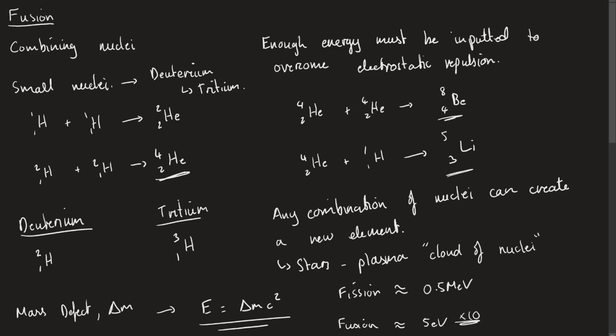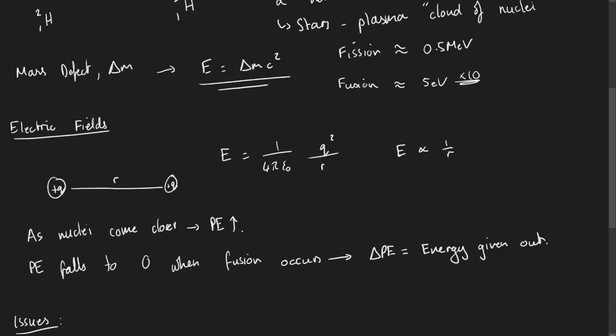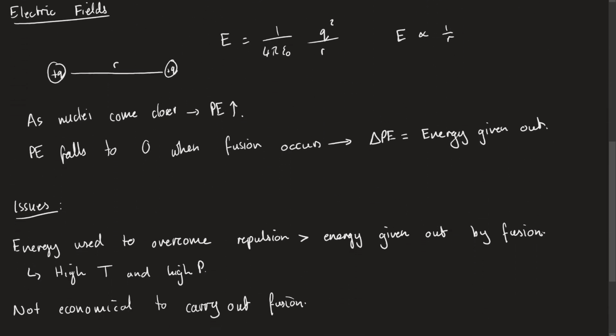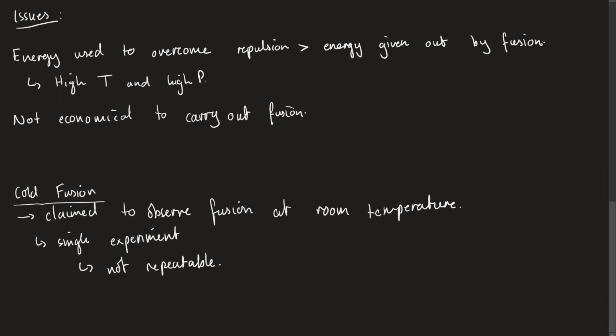We know that we can calculate the amount of energy that's been produced by the mass defect in between the thing that we started with and the end product, and we state that fusion actually produces 10 times the amount of energy as fission. We thought about it in terms of the electric field energy, and now we know that the issue that we have, the reason that we can't carry this out on a day-to-day basis, is because the energy that we're putting in to overcome the repulsion is actually bigger than the energy that we get out from the fusion reaction. Therefore, it's not economical to actually perform this in everyday life.